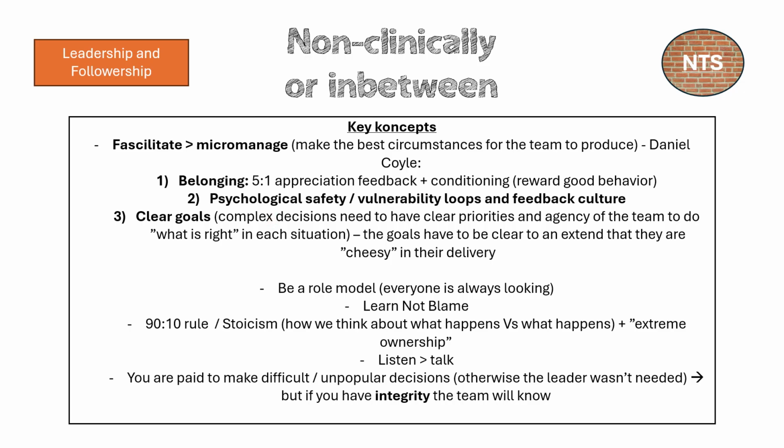And then you have to have clear goals, according to Coyle. Most of what we do is complex, right? And if you're working in micro teams, semi-autonomous or almost 100% autonomous, then you have to have autonomy to actually perform what you need to perform.